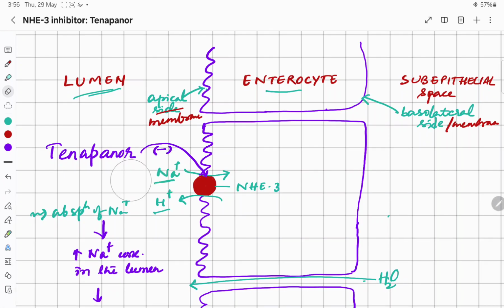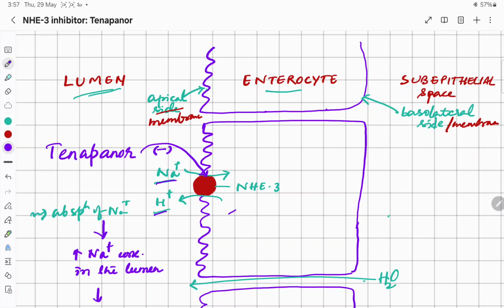Sodium moves from the GI lumen to the epithelial cells of the GIT, in exchange of hydrogen which moves from the epithelial cells or the enterocytes to the lumen. So this is sodium hydrogen exchanger.